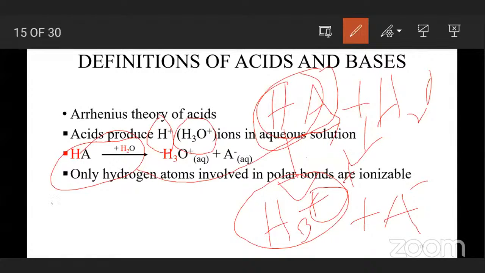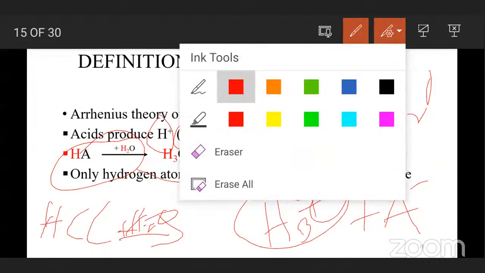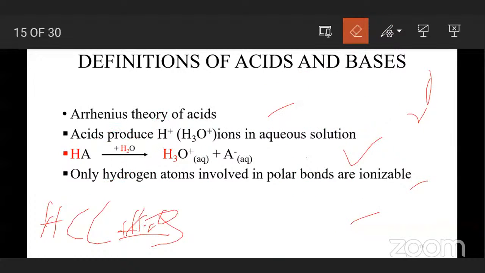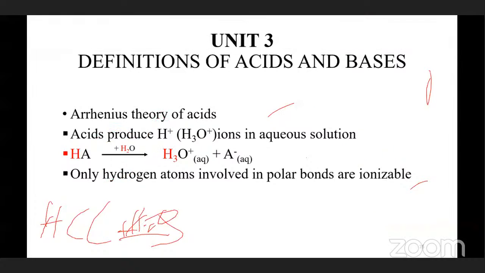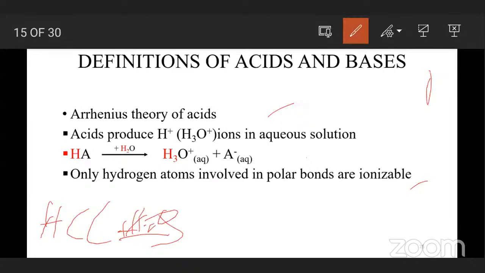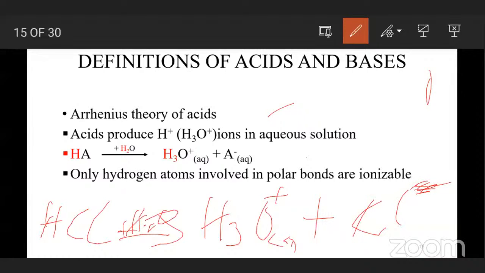For instance, if you have HCl, H is the proton and Cl is the anion part, dissolved in H2O, then you will have H3O+, that's the hydronium ion, aqueous, plus Cl-, the chloride ion in solution.